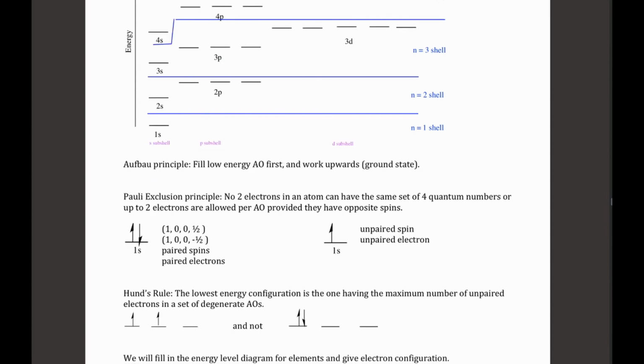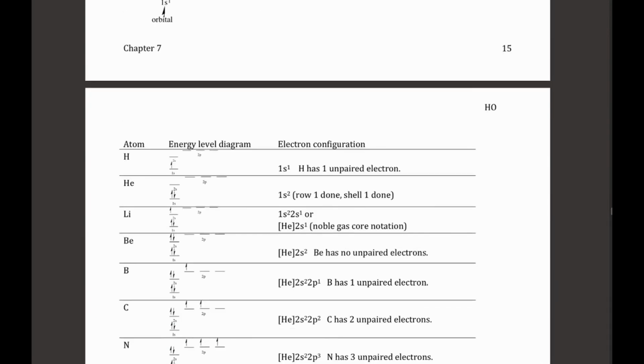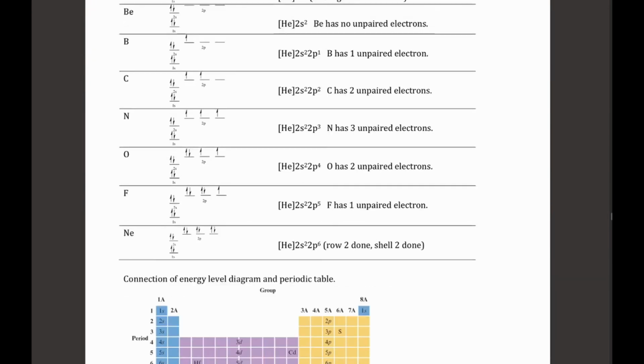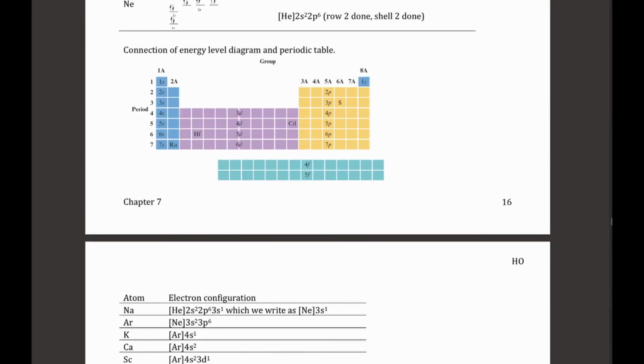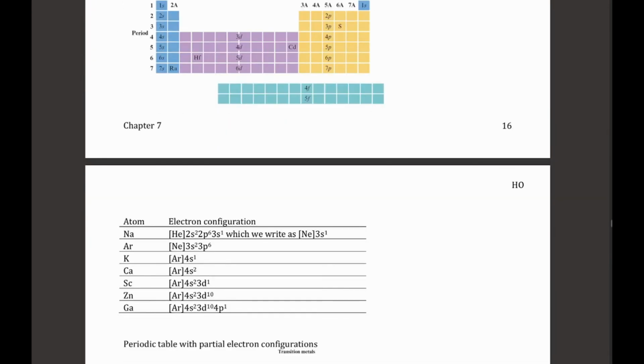So let's go back down here. For scandium, its electron configuration is going to be argon, the noble gas coming before it, and then 4s2, that gets us through calcium, and then it's a 3D atomic orbital it's in, and there's only one of them.